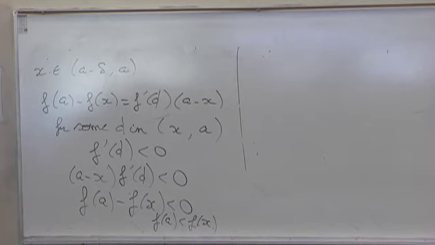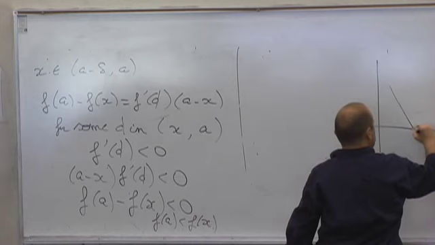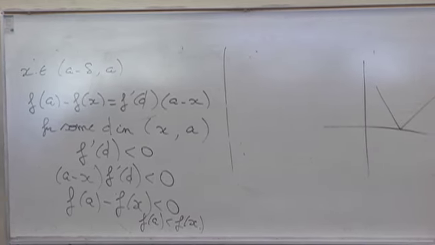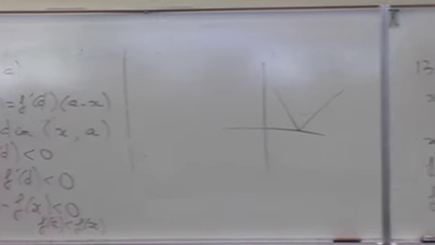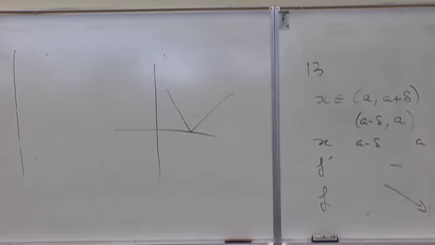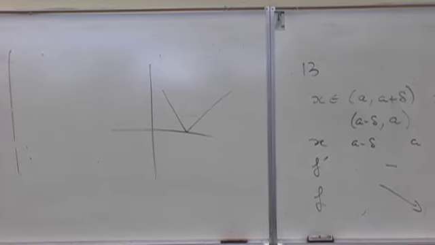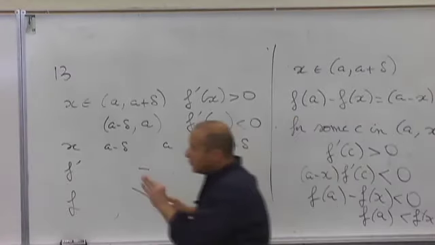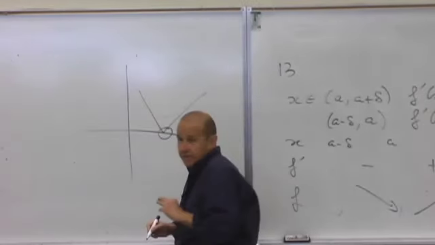So you could do exactly what we just did, and everything applies, because the mean value theorem doesn't ask you to be differentiable at a. It only asks you for continuity. So you write everything, and you do get a minimum, but you don't get a horizontal tangent here.